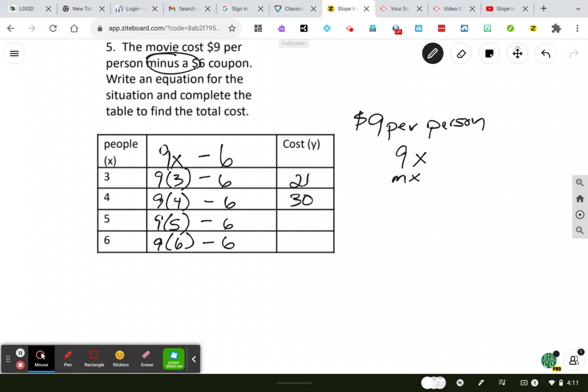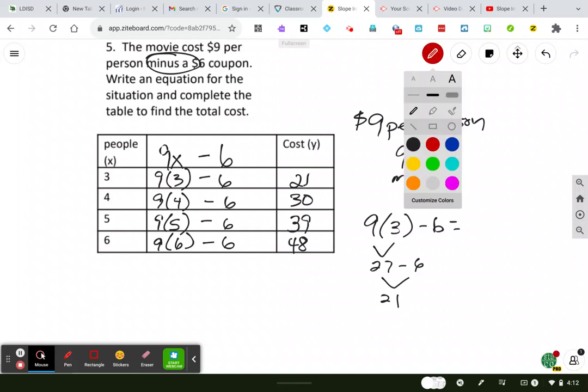Then this one is 30. Then this one is 39. And this one is 48. Hopefully you can figure out how I got those numbers. I just did 9 times 3 minus 6. It's 27 minus 6, got 21, and so on and so on. And I did each one. Let's go check our constant rate of change.